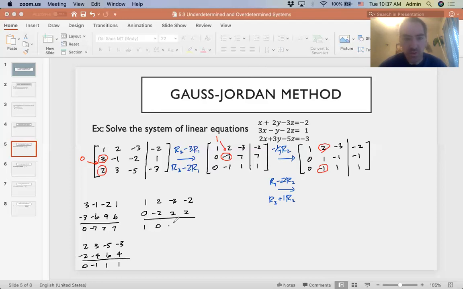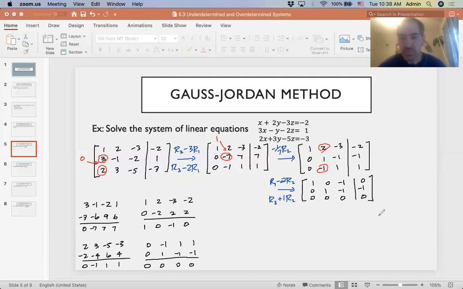That's 1, 0, negative 1, 0. And then row 3 plus 1 times row 2. Now look what's going to happen here. We've got 0, 0, 0, 0. So column 2 is done.